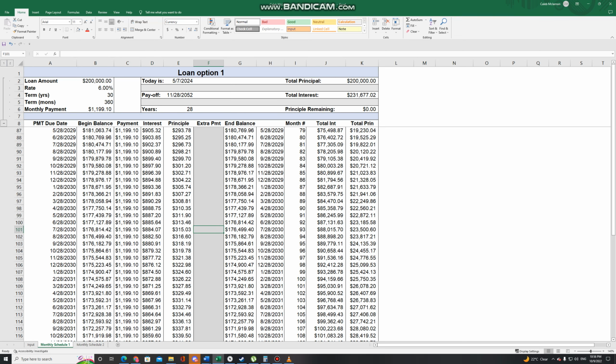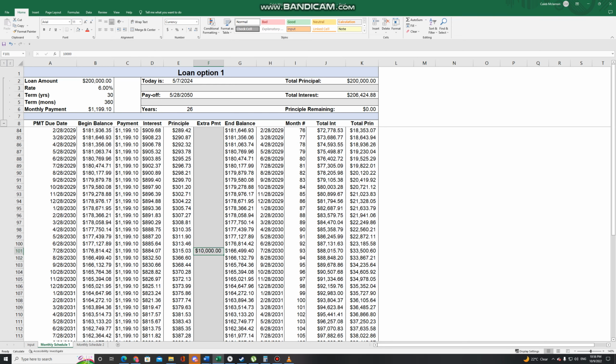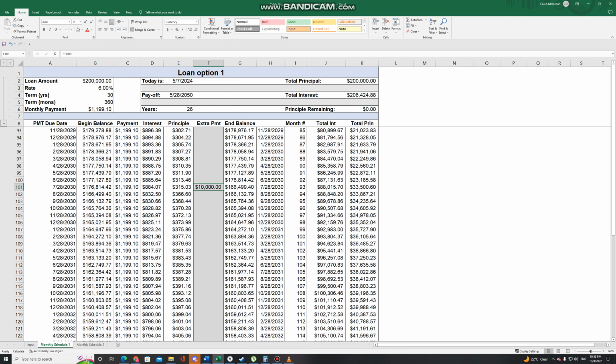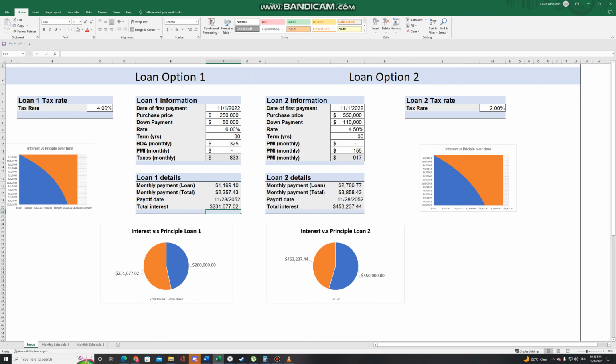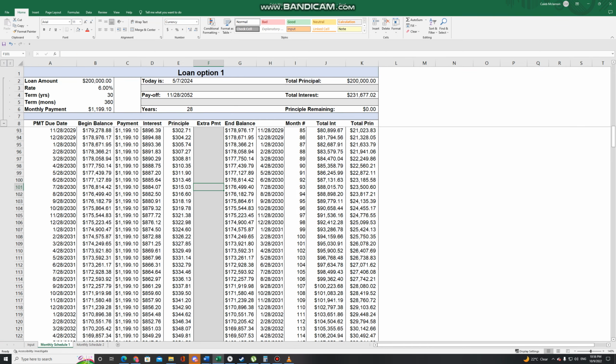Also, in this area, you are able to add extra payments. Say you had a windfall and you wanted to lower your mortgage balance, you can add that in there, and the amount of the loan will be updated. That is why in this tab the payoff date is linked here, and the payoff date is not a simple add months.